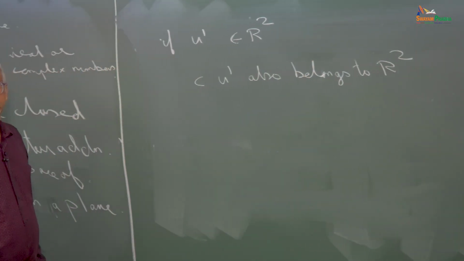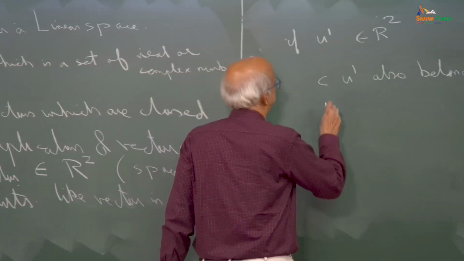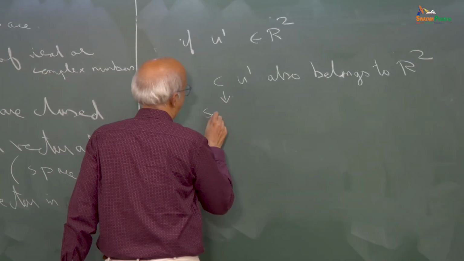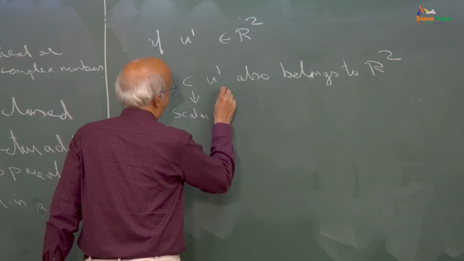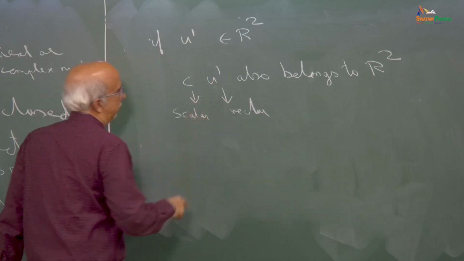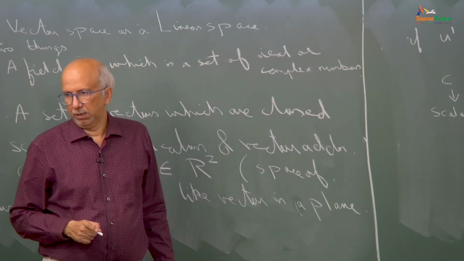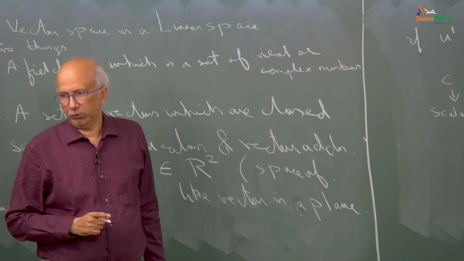C is some scalar, this is the scalar, this is the vector. So, on multiplying a vector by a scalar, I get a vector belonging to R2.